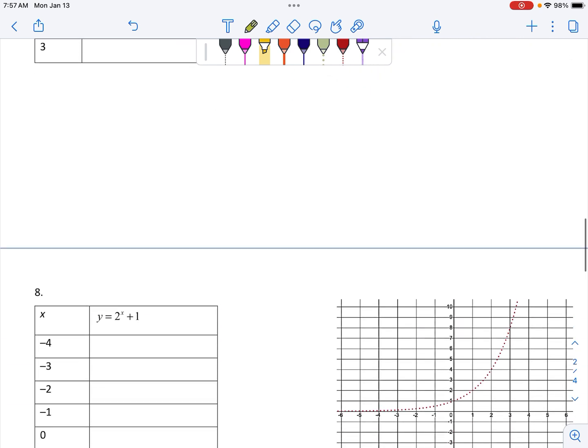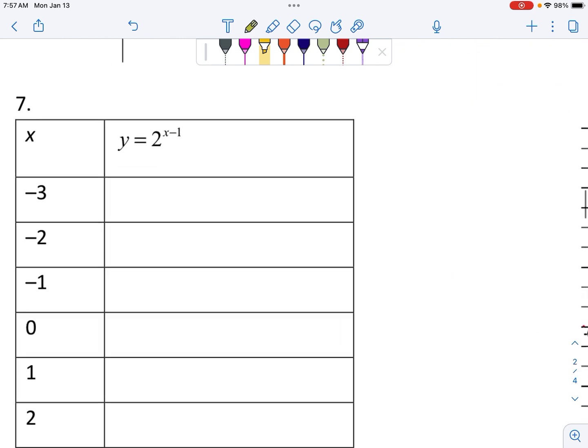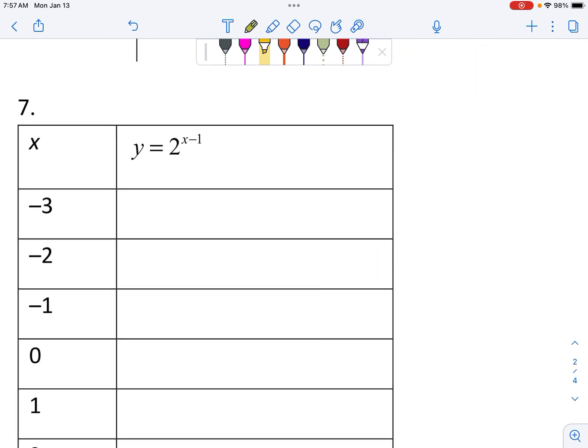All right, the last one I want to do with you is this one here, and you have to be very careful when you sub in your x values. See if it'll let me just highlight the x. Okay. So this would be 2 to the negative 3 minus 1.